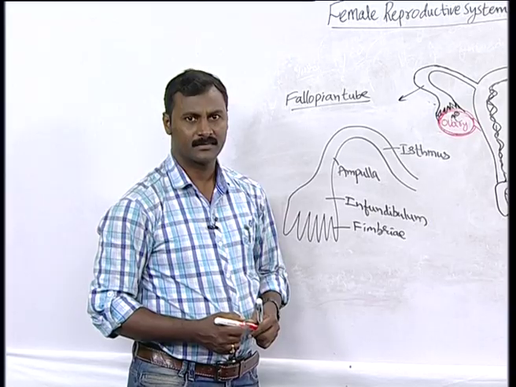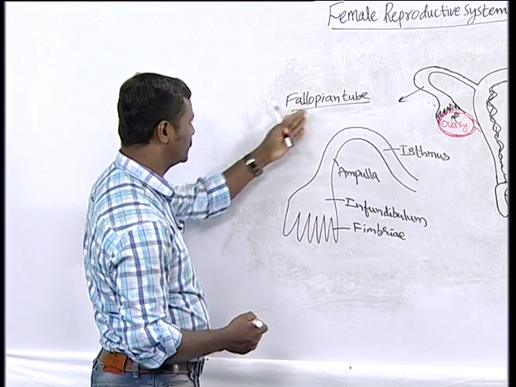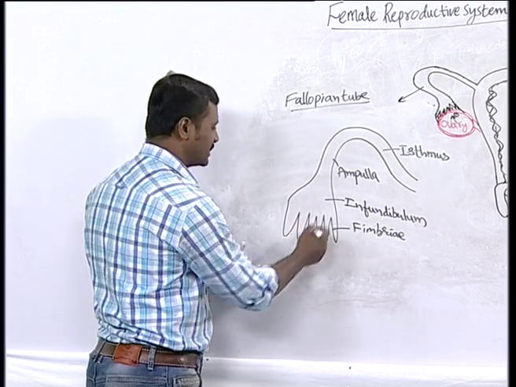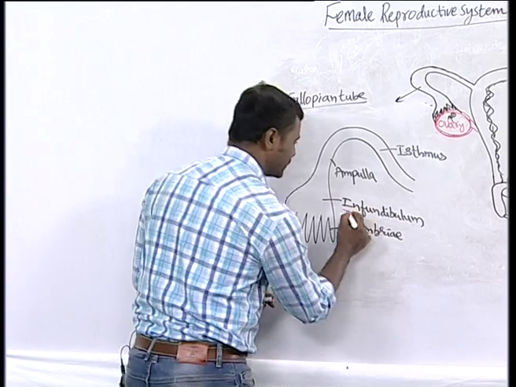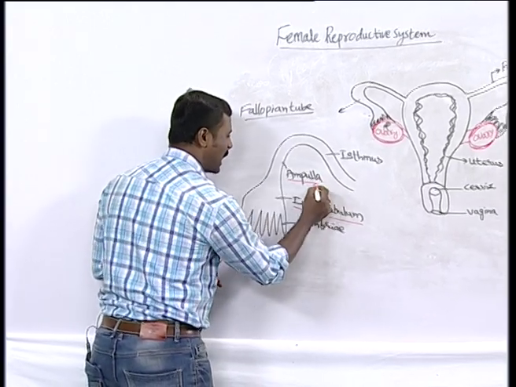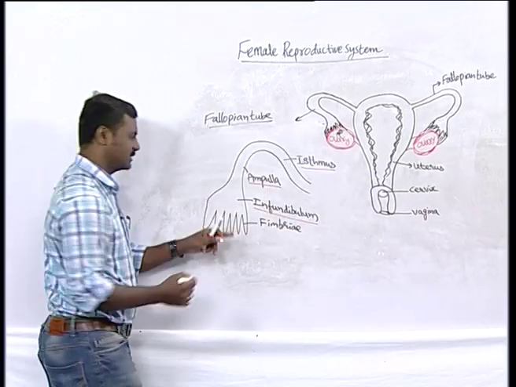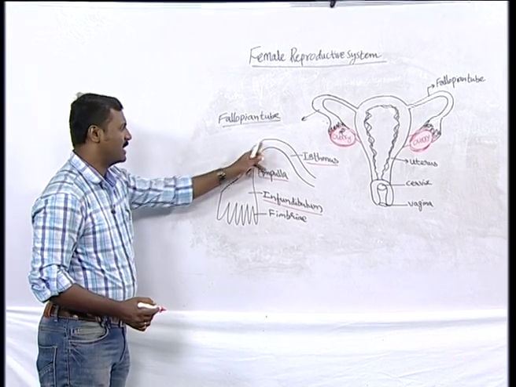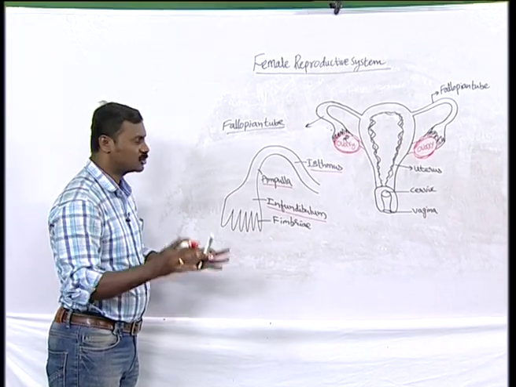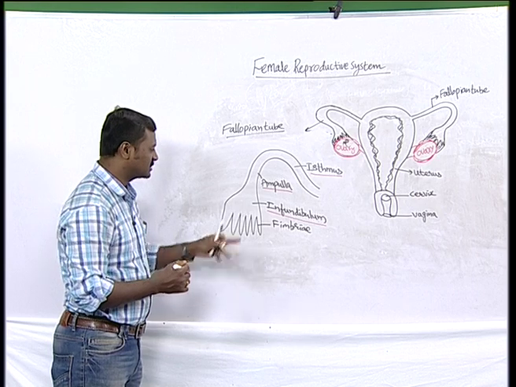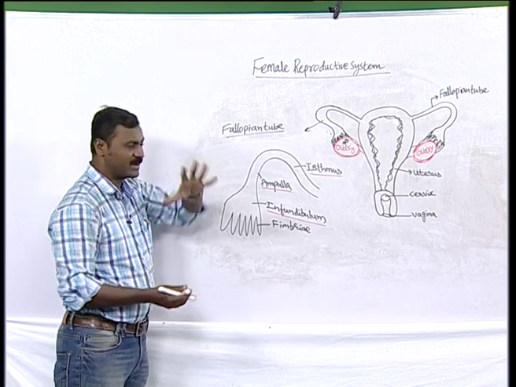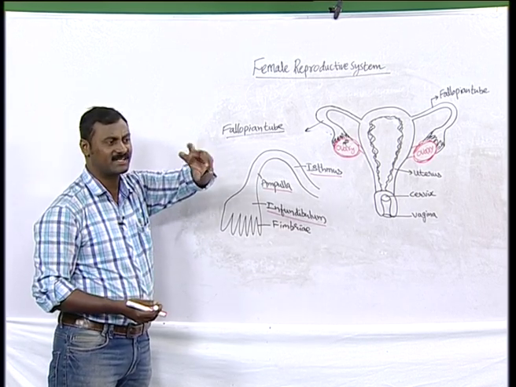Now let us discuss the fallopian tube. Here the fallopian tube consists of three main important regions called infundibulum, ampulla, isthmus. Each tube consists of three regions. First, the infundibulum is a funnel-like structure with finger-like edges.